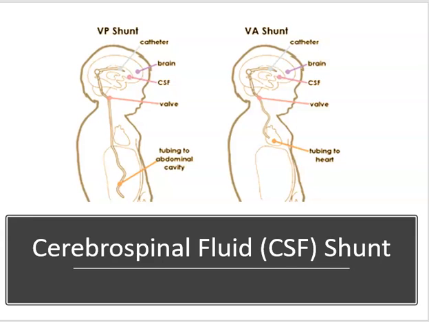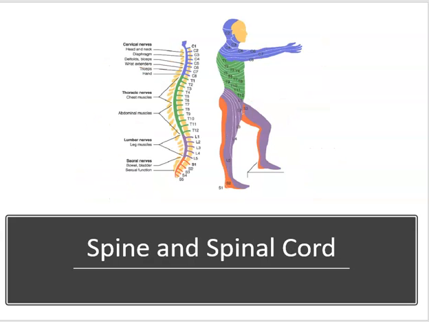Okay, next up, we're going to go over to spine and spinal cord. Now, this is where it gets just a little bit complex, and probably when you're looking at the subsection notes on page 424 and 425, you're like, wow, there's a lot of information there.